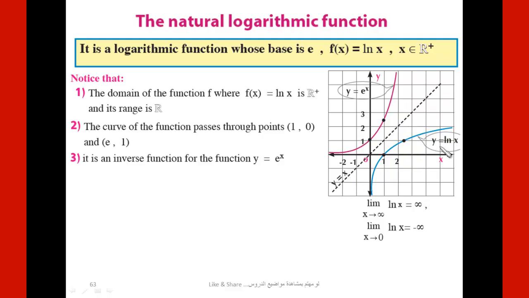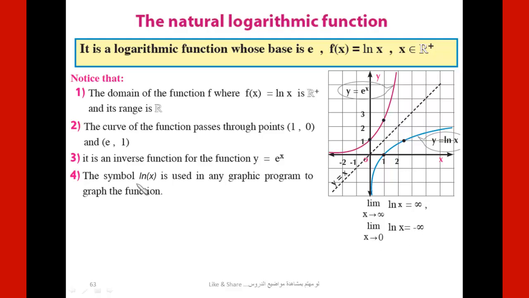So the logarithmic function of base e is the image of the function y equals e power x by reflection on the straight line y equals x. So the inverse function of y equals e power x is y equals ln x. Limit ln x when x tends to infinity equals infinity, limit ln x when x tends to 0 equals negative infinity.